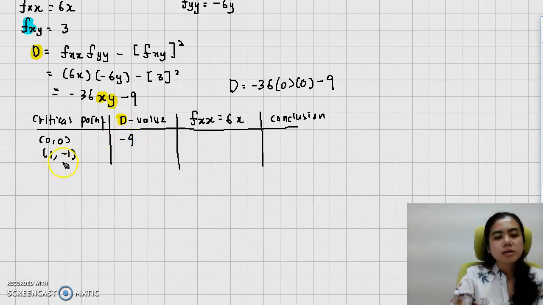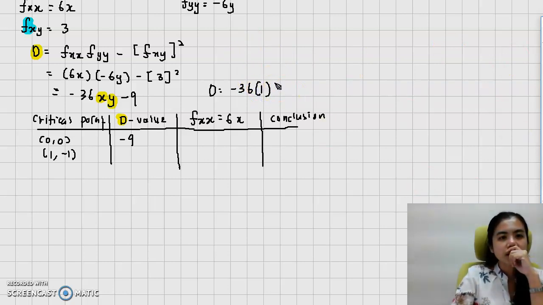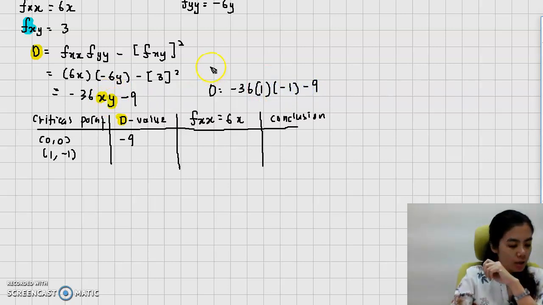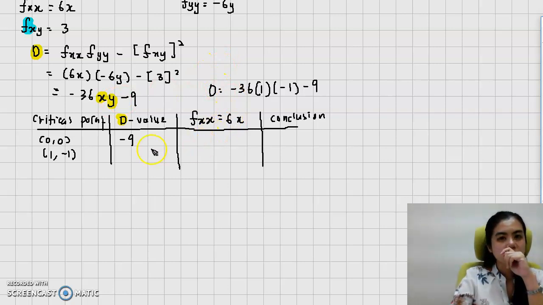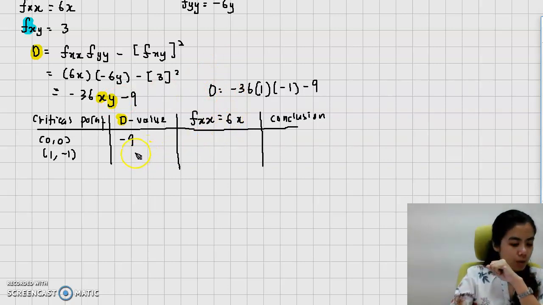And how about this? This asks you to substitute x as 1, y as minus 1 into here. So you will have D equal to minus 36 times 1 times minus 1, minus 9. Substitute into here, and you will have the answer as 27.